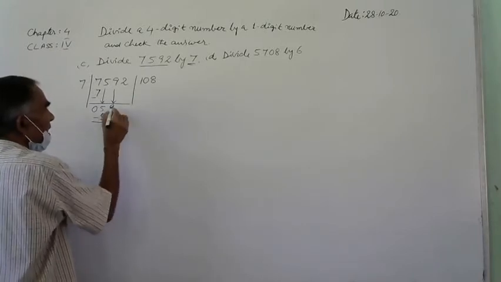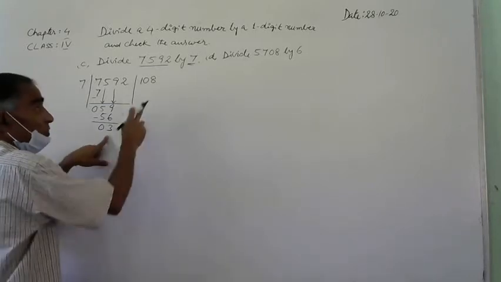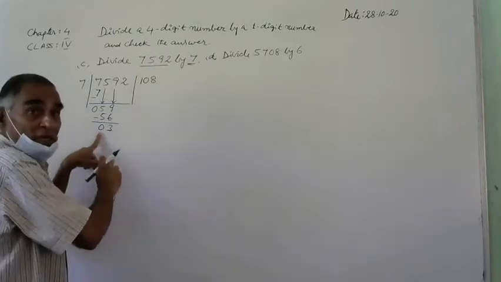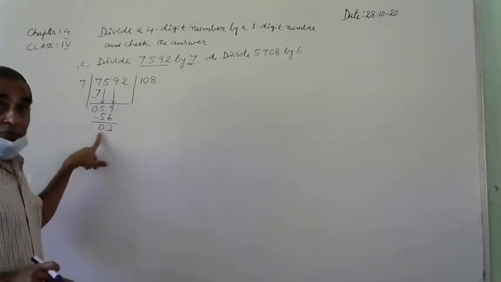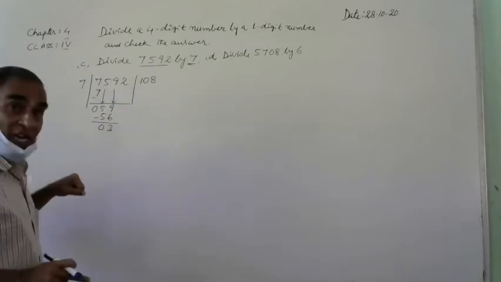Minus, 9 minus 6, 3. Here, no 0. Don't put 0 here, क्योंकि ये 3 is remainder. We didn't down this 3. ये ऊपर से डिविडेंड से नहीं लाया 3.